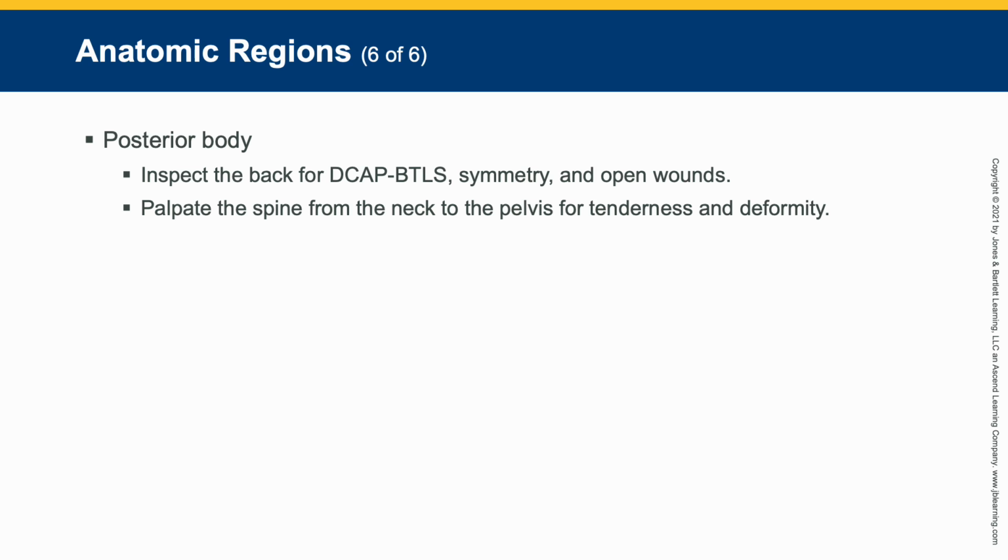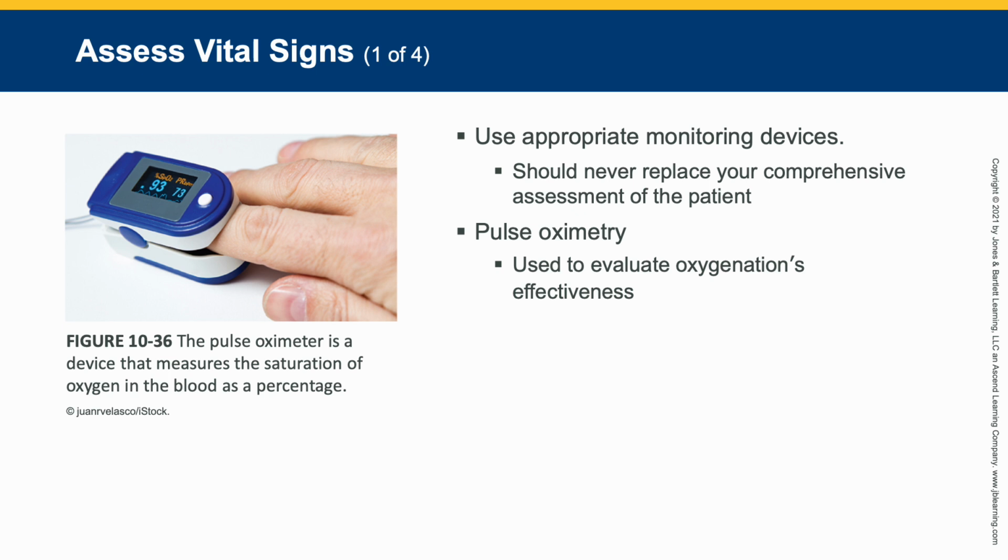It's more beneficial to use a scoop stretcher or a pelvic binder. The abdomen and pelvis may appear normal externally, but they have the potential to conceal internal trauma, so you've got to maintain a high index of suspicion.